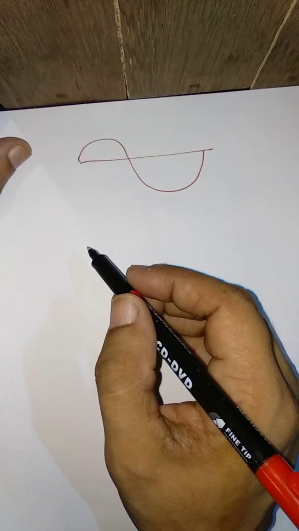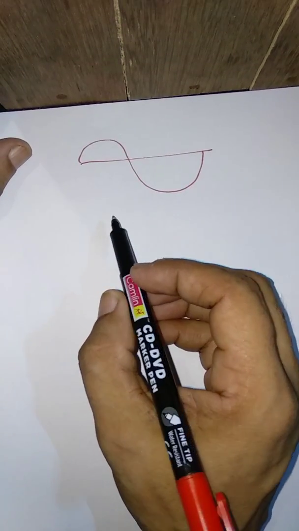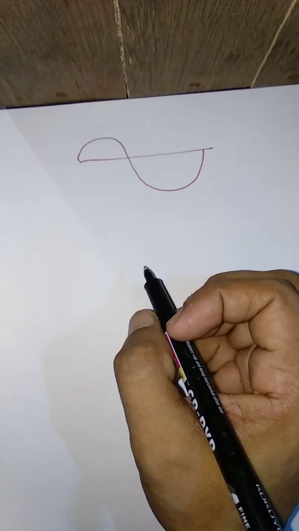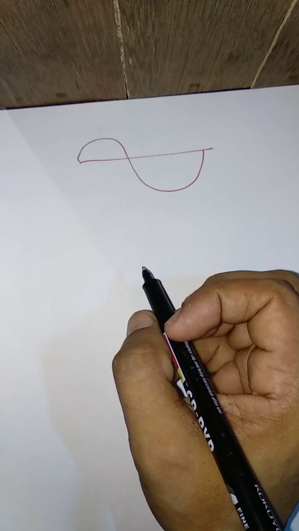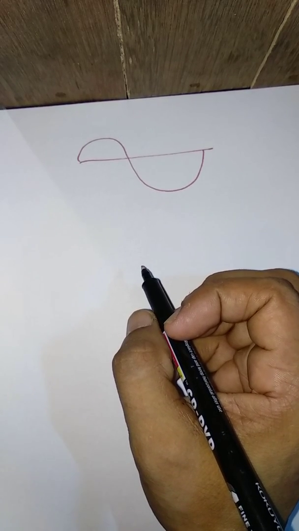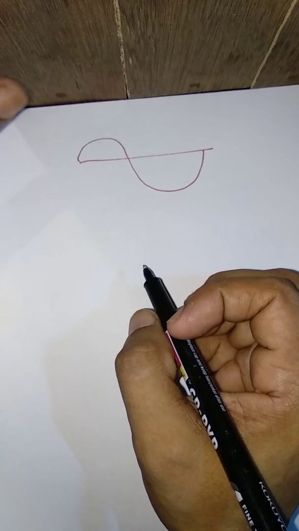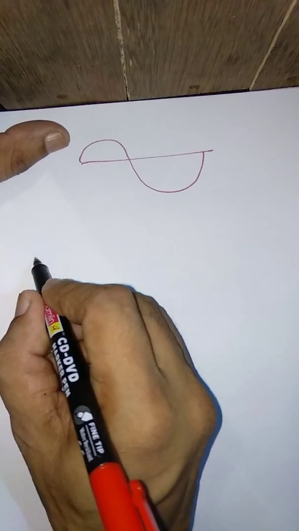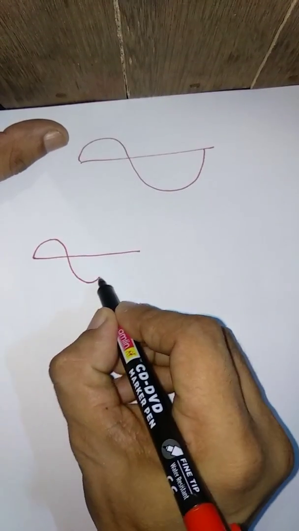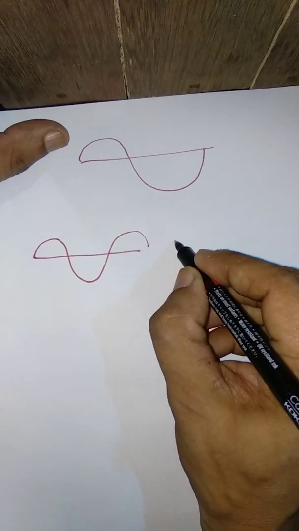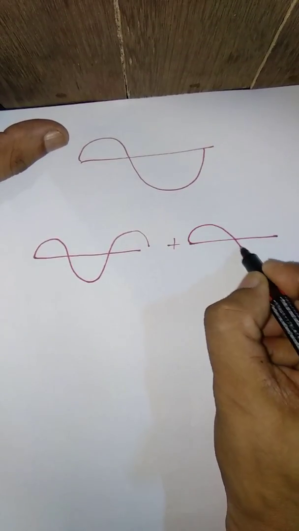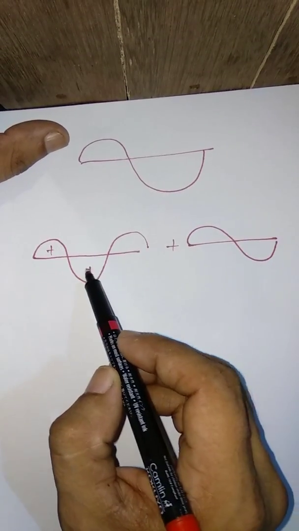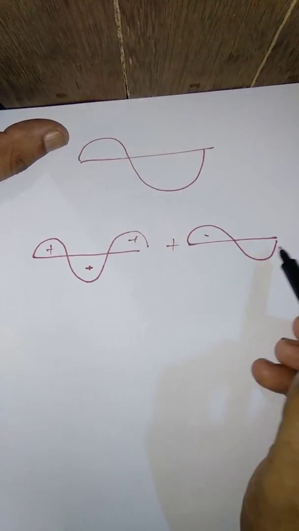And in physics, when two waves combine together, they may form a constructive or destructive order. For example, if we take one wave and another wave combines with this wave, and they are in the same phase, as you can see, this is plus and minus, the plus and minus, their phases are the same.